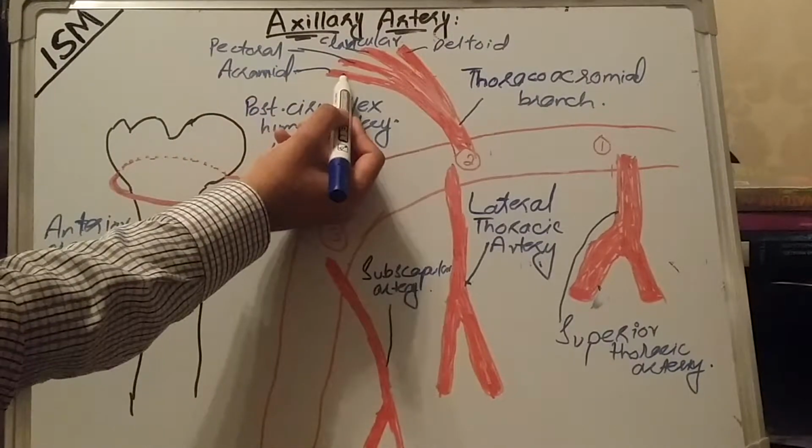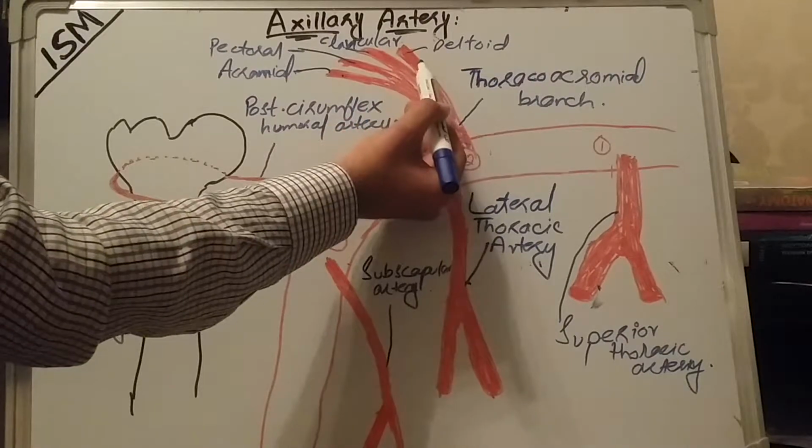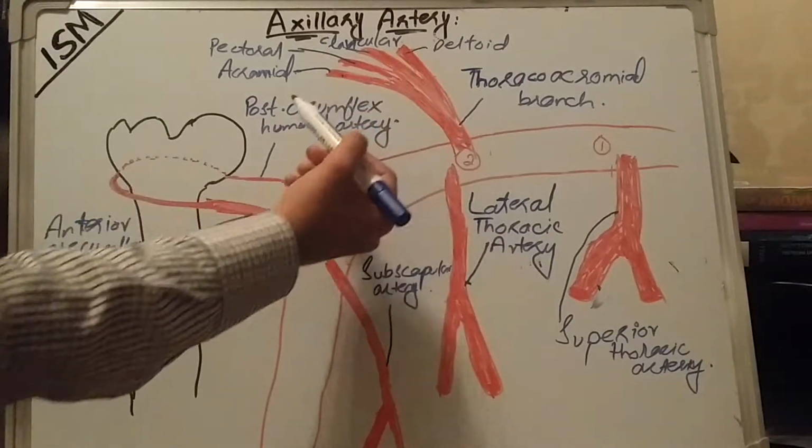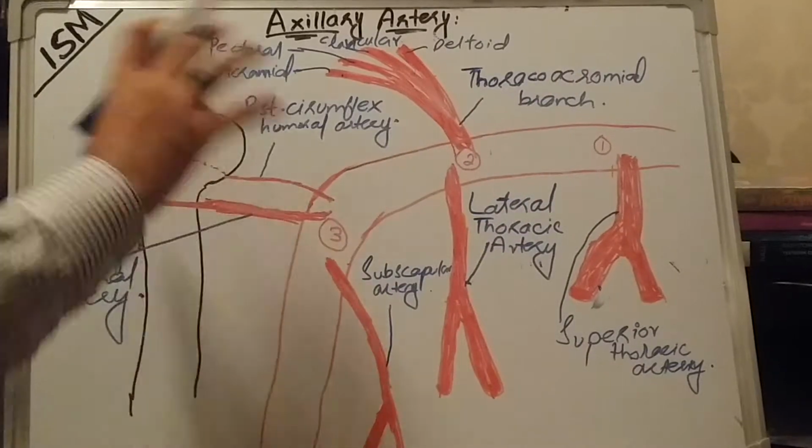So acromial, pectoral, clavicular, and deltoid. These four are the sub-branches of the thoracoacromial artery.